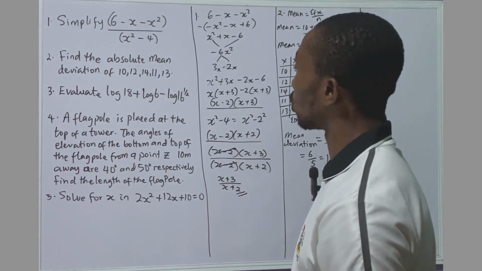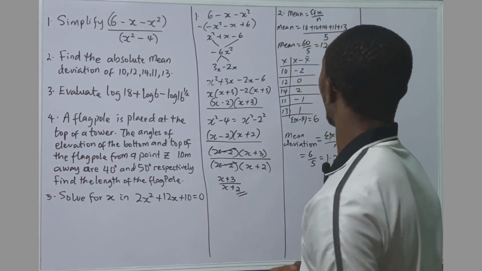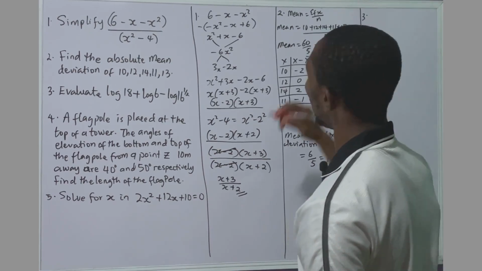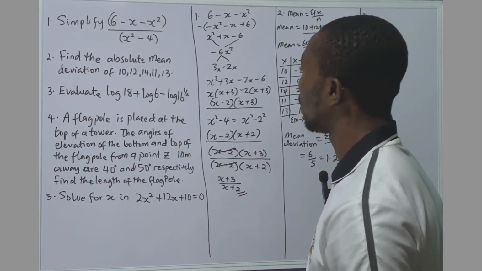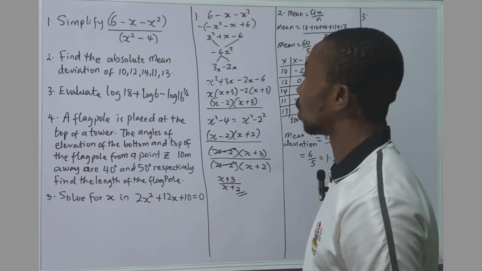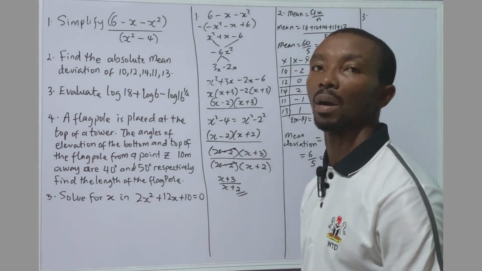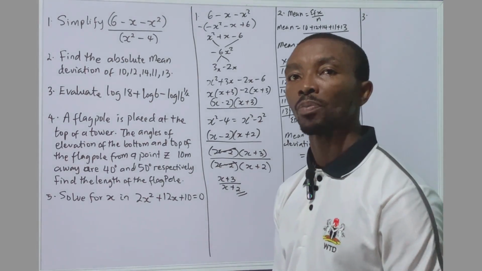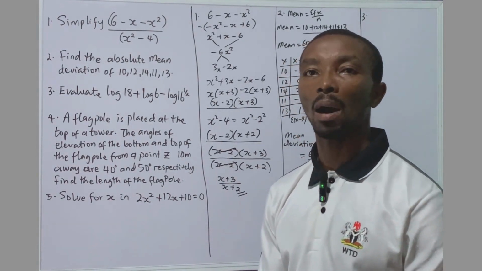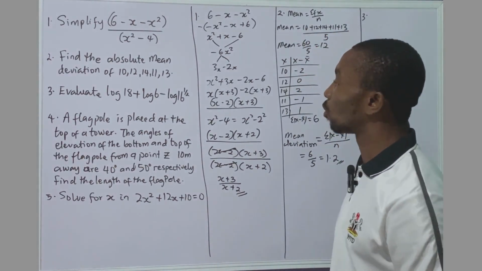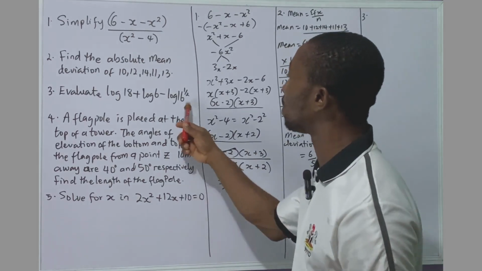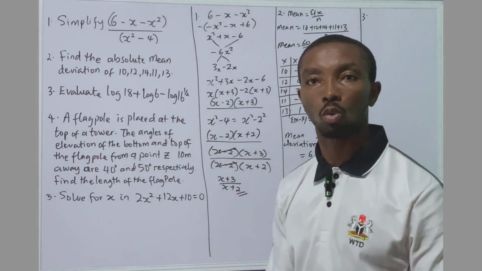Now to question 3, it says, evaluate log 18 plus log 6 minus log 16 raised to the power of half. In order to evaluate that, we'll apply some of our logarithm laws. First of all, raised to the power of half means square root.